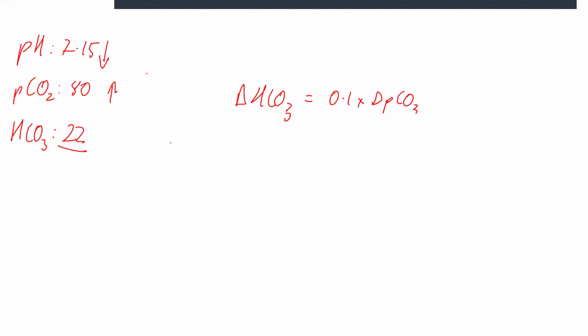Our PCO2 is 80, and just as a reminder, normal should be 40. So 80 minus 40 equals 40. So 0.1 times 40 equals 4. So our delta bicarb in an acute respiratory acidosis should be 4.